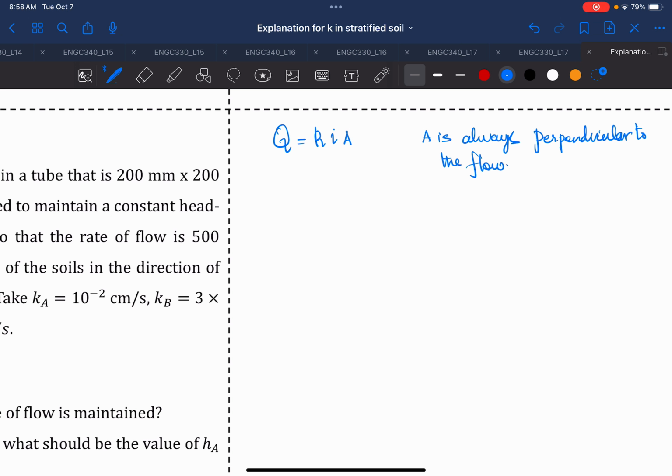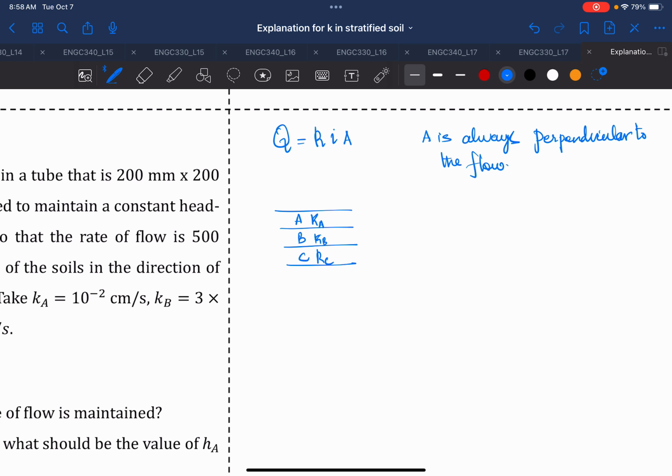And here, this is mostly solved in a 1D problem, which means that the direction of flow is in one direction. So your K, if it is a stratified soil, like if you have a layer of soil, you have soil A, B, and C. Now we have a problem for this because each soil has its own Ka, Kb, and Kc.